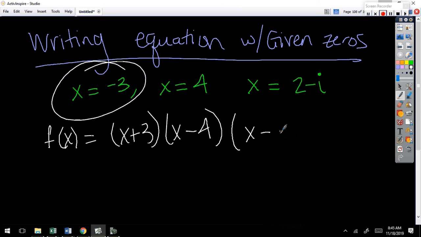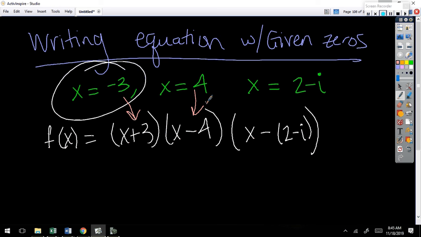What's the zero? Is that it? Here's what you also need to know. You might think that that's it. Real zeros are easy to do. Okay?